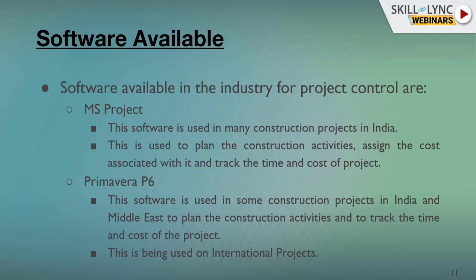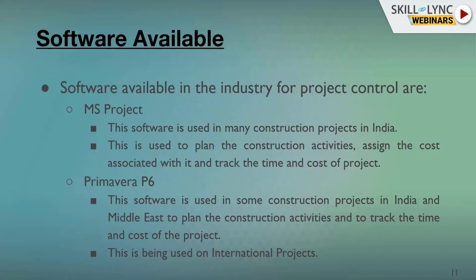Because in the Middle East, say in the UAE, a particular contracting company may have 7 projects going on. Then all 7 projects will run on Primavera P6, and the company's managing director can integrate all the projects simultaneously in terms of cost, and he can get a single cost report from Primavera P6.